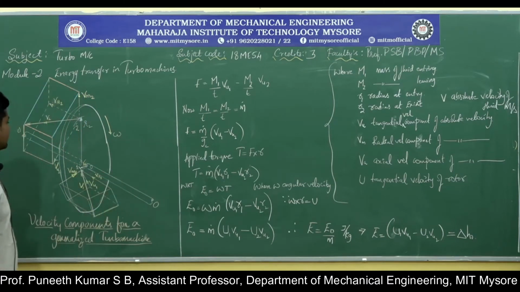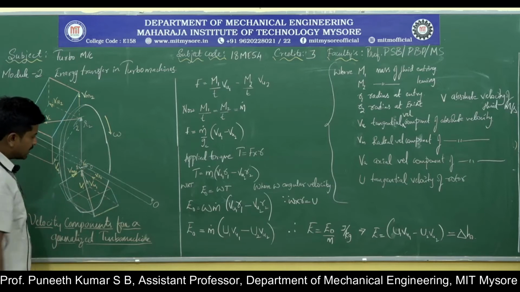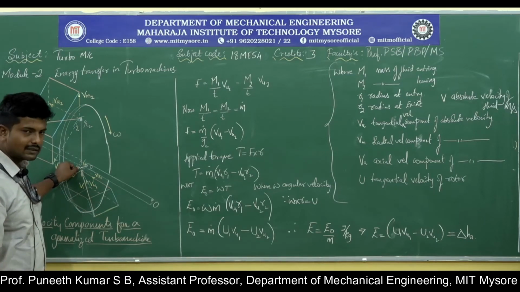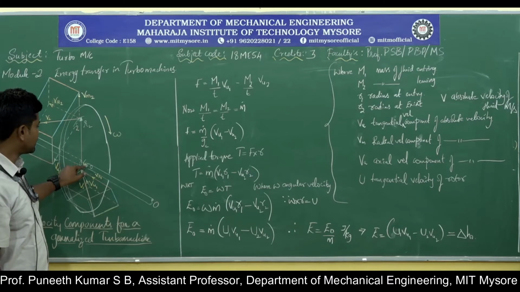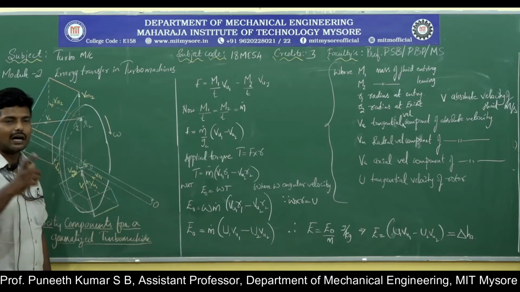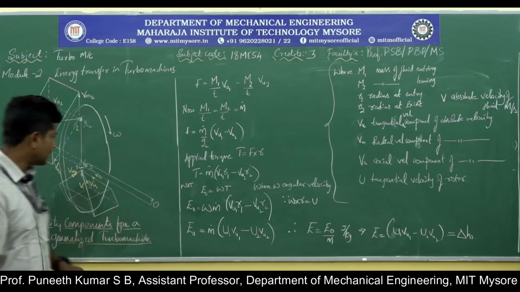What all can we see at point 1, at the inlet of the turbo machine? The very first thing we have marked is that point 1 is at a certain radius from the center of rotation, which is represented as R1, the radius at the entry of the fluid.